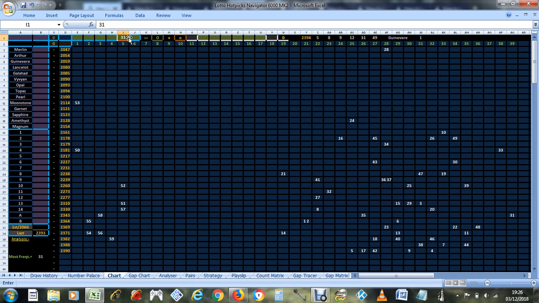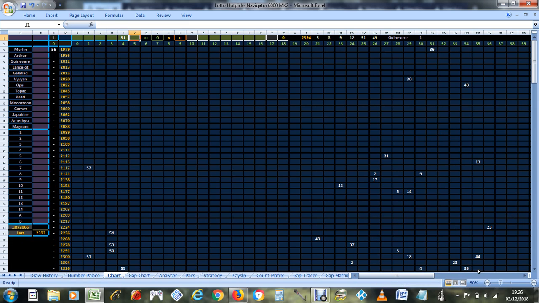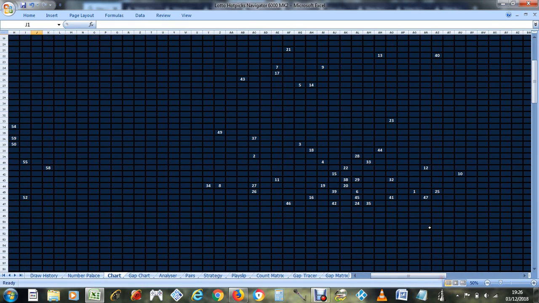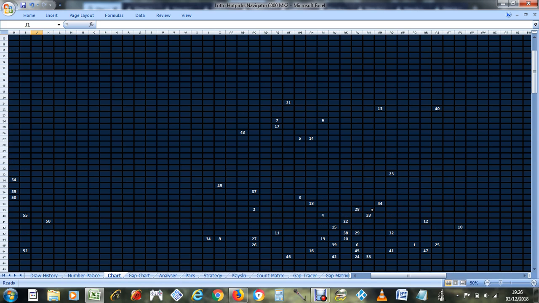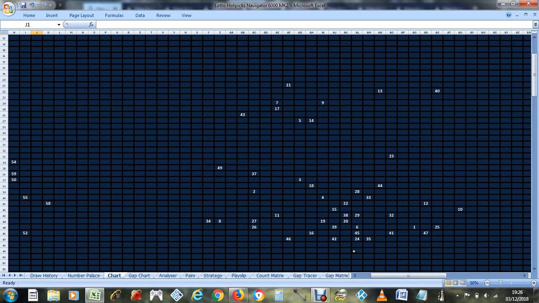So if you look at numbers paired with 31, then 12 should be at the more frequent end of the chart. But I can't see it, so oh, there it is.